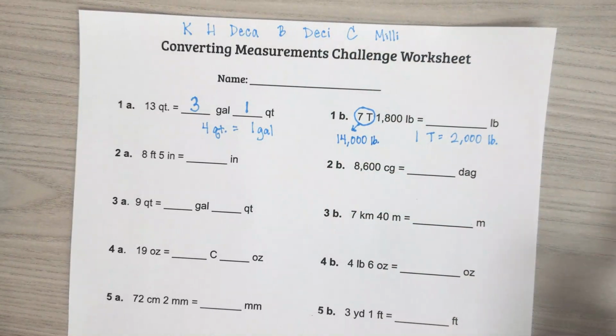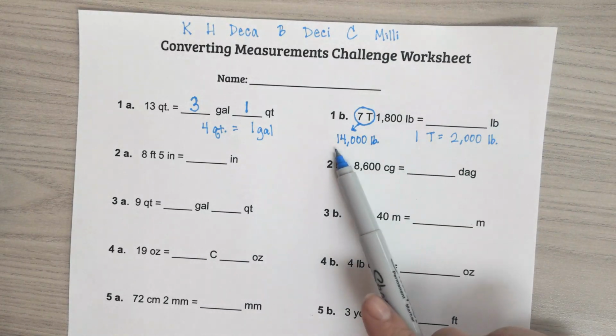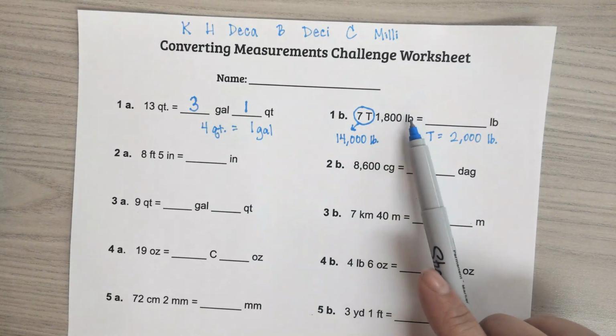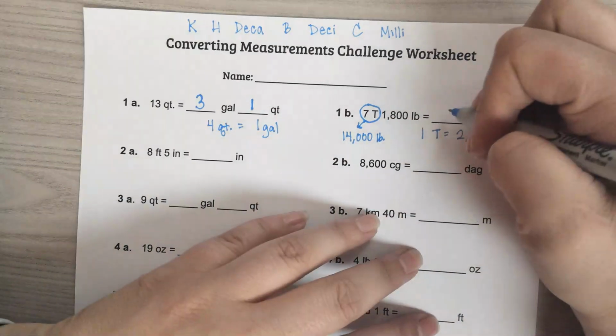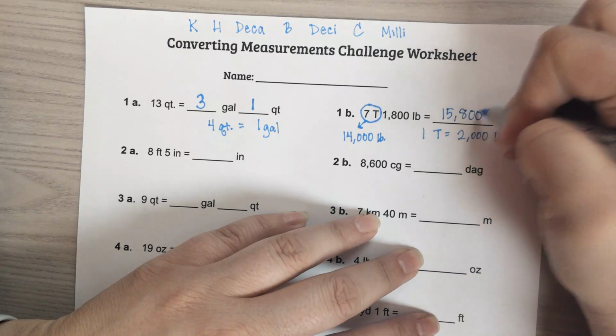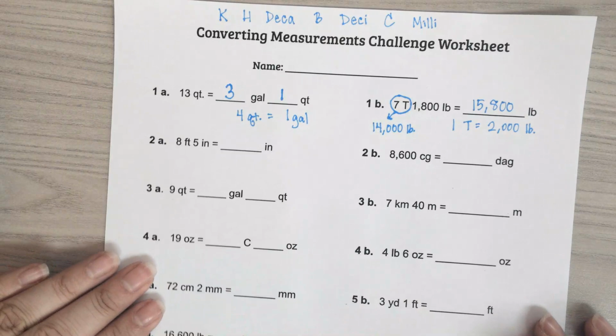On questions like this, when it wants you to change it into just 1 unit, I'm going to take my 14,000 pounds plus my 1,800 pounds, add those together, and all together that's going to give me 15,800 pounds.